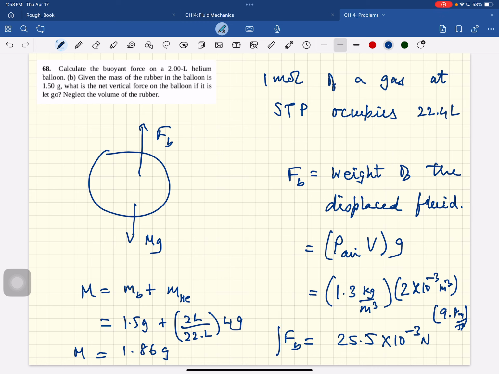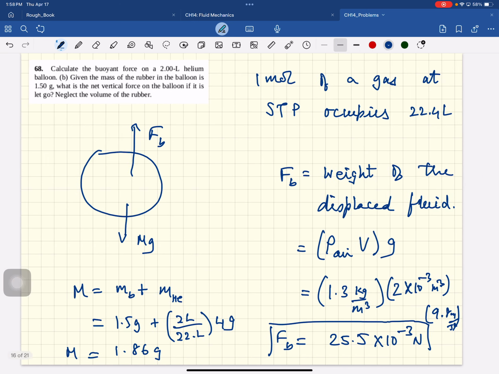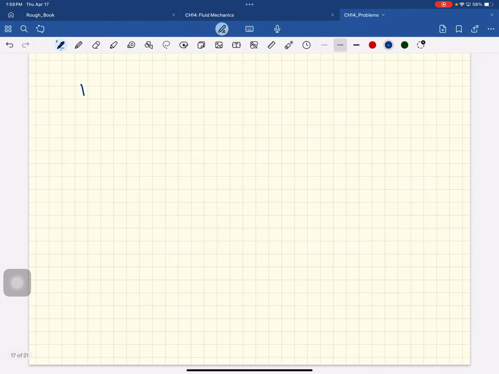There's the buoyant force. And now we'll calculate the weight in newtons. So M was 1.86 grams, 1.86 times 10 to the minus 3 kgs times 9.8 meters per second squared.